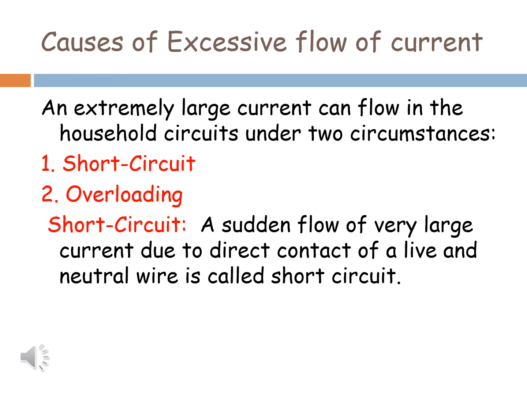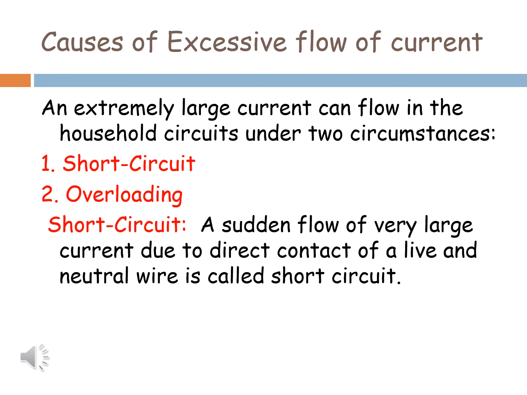First we'll try to understand what are live and neutral wires. We know that in all the circuits, cables and wires are there. So there are mainly three wires: live wire, neutral wire and earth wire.